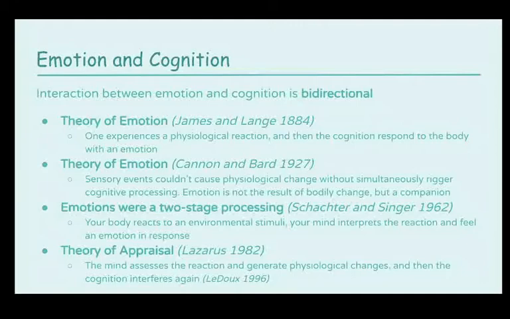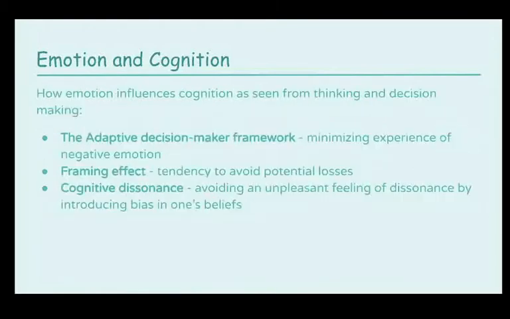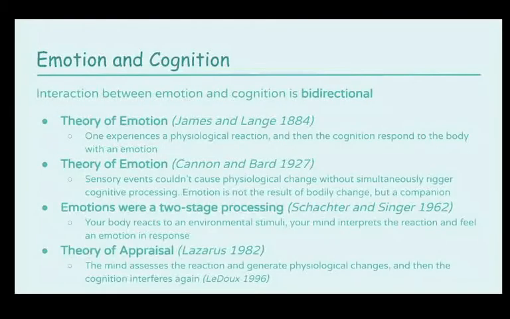When we say bidirectional, we mean that there is no cause and effect between them, and we don't know which one causes which, but emotion and cognition can interact with each other instead of having cause and effect. I'm going to be explaining around five theories on emotion and cognition.